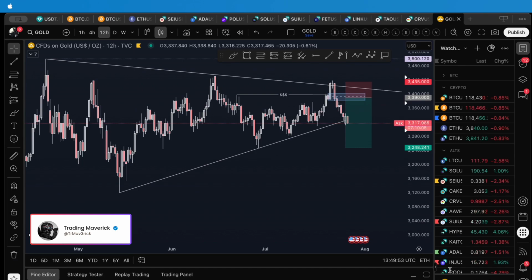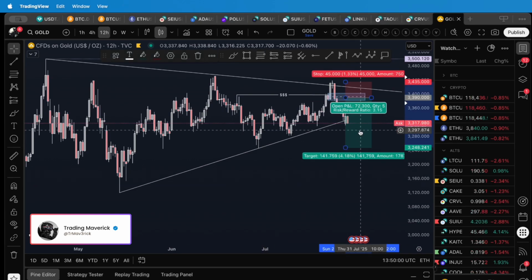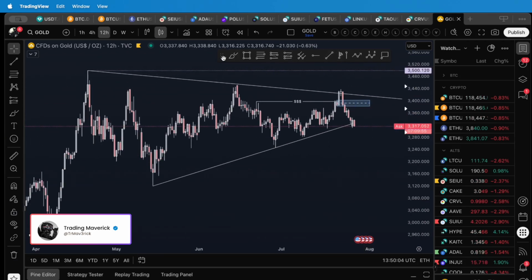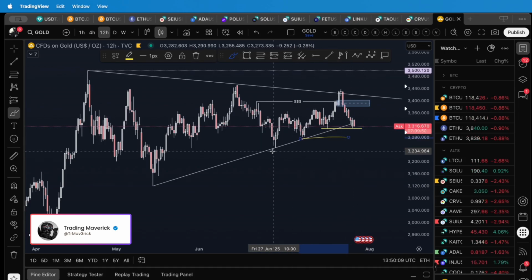Cycle low for Bitcoin, you mean? Or gold? Yeah, I mean, the next thing, just based on price action, right? You have lows here, lows, and another lows.